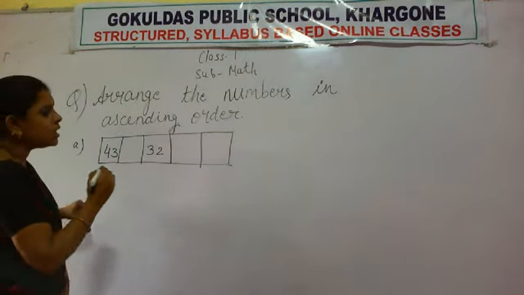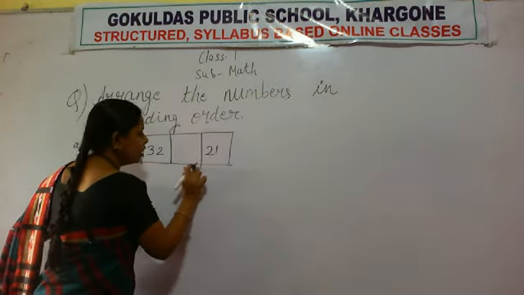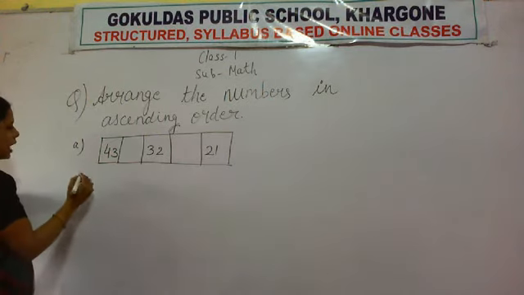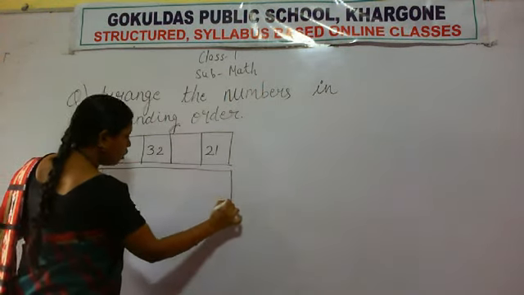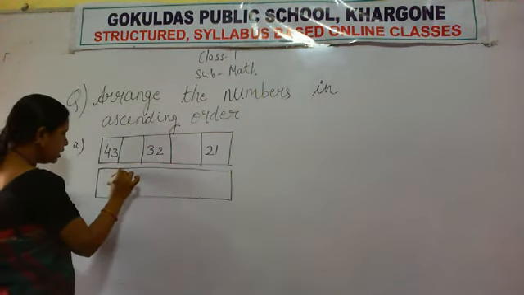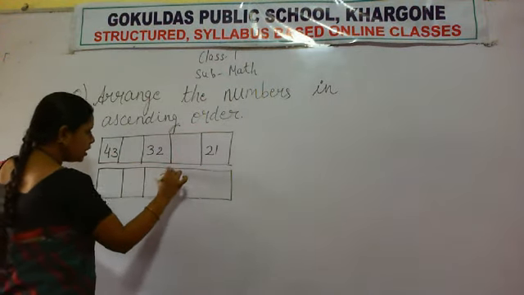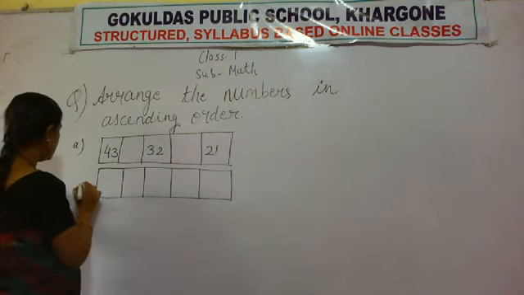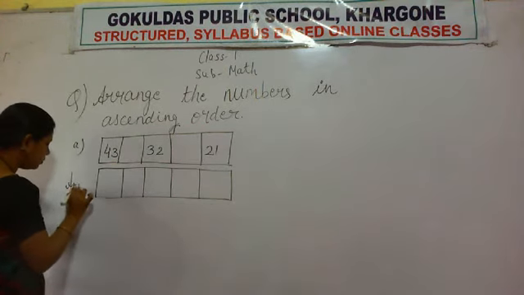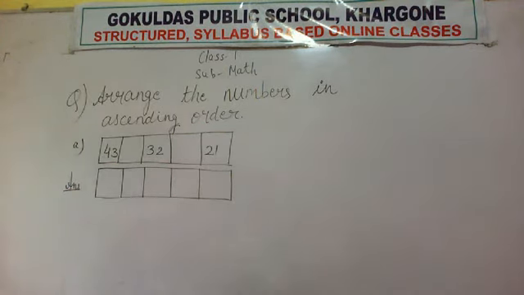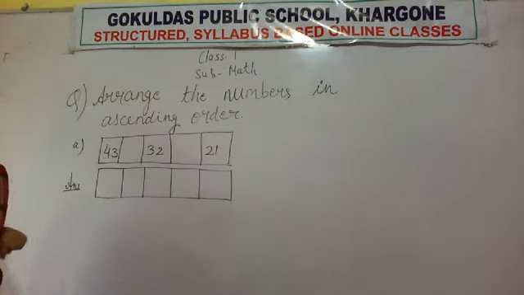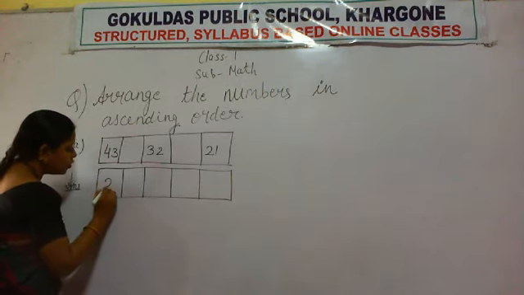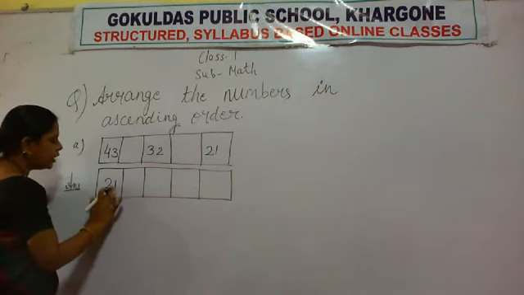And the third number is 21. So what we have to do? We have to arrange these numbers in ascending order. So first write here answer, A and S. Which is the smallest number? 21 is the smallest number. So write here 21.